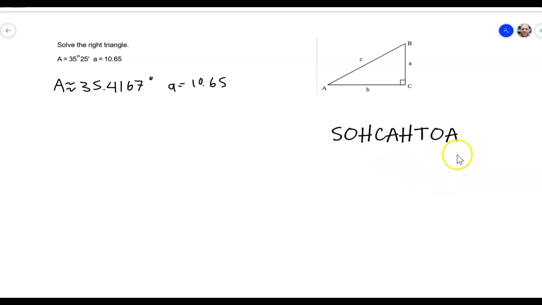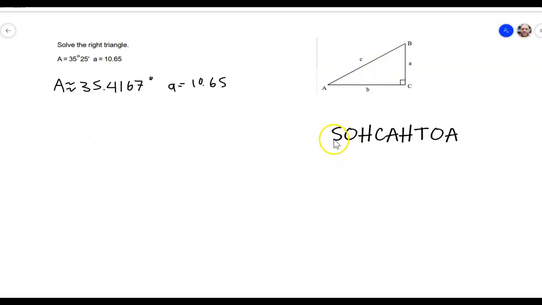Each of them uses the opposite side except for the cosine. So I can either use the sine to first find the hypotenuse, or the tangent to first find the adjacent side. Let's first find the hypotenuse.